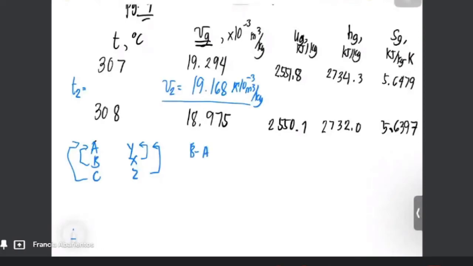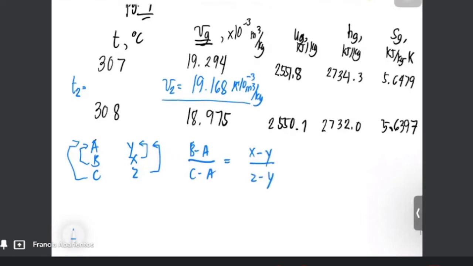Interpolate na, class, at T2. What is now your temperature 2? Ano yung magiging value natin? So, ito magiging basis natin.